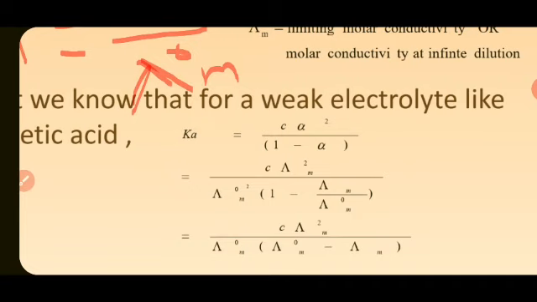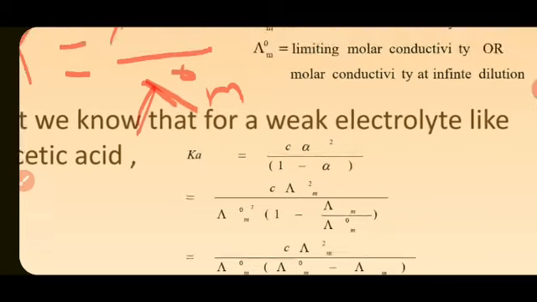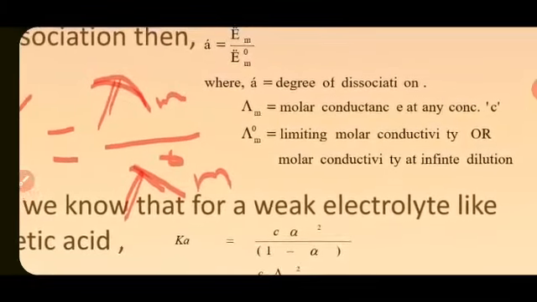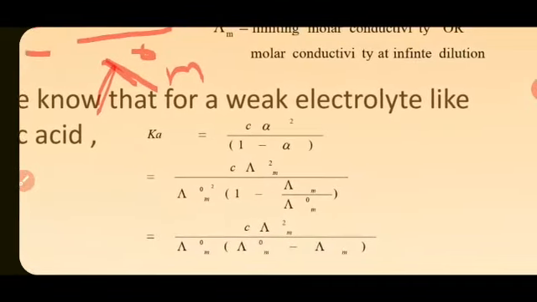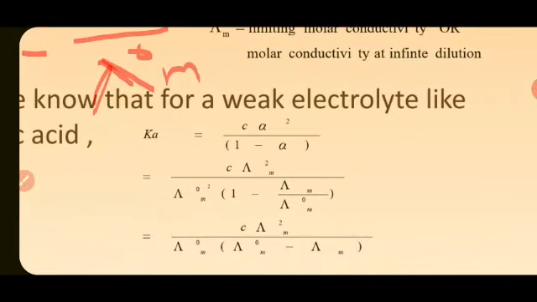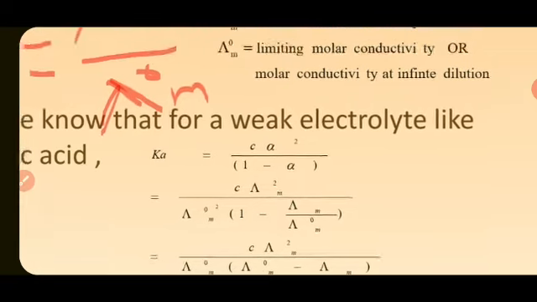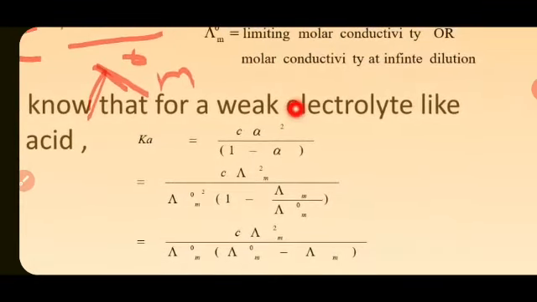Ka is given as C alpha square divided by 1 minus alpha. So if we substitute the value of alpha according to this equation, we can write it as C lambda square m divided by lambda naught square m into 1 minus lambda m divided by lambda naught m. We substitute only the value of alpha here.